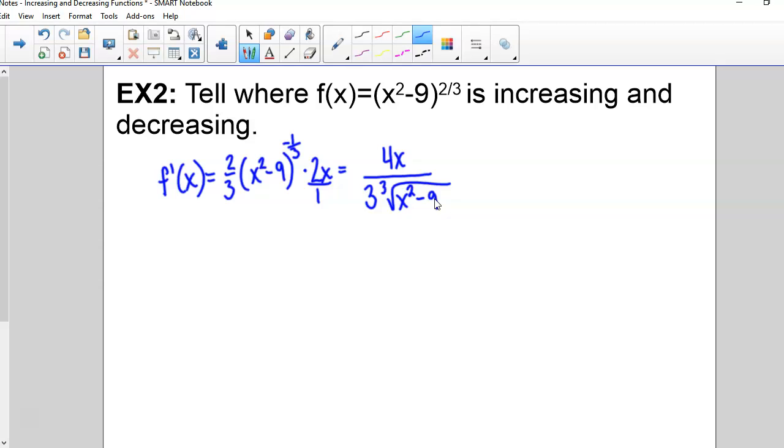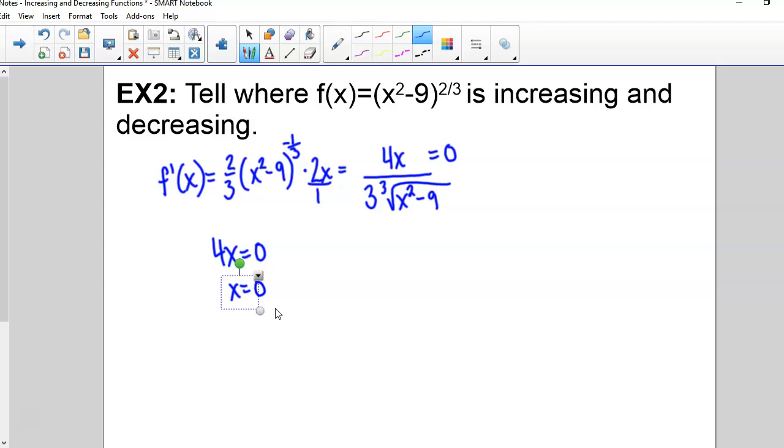Okay, so whenever we do this, we want to set the numerator and denominator equal to 0, because if the derivative is 0 or undefined, it's going to give us a critical point that might be a place where we switch from increasing to decreasing. In the numerator, that's pretty easy: 4x equals 0, so x equals 0.